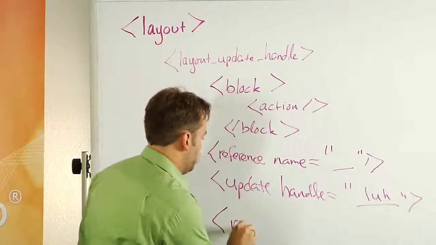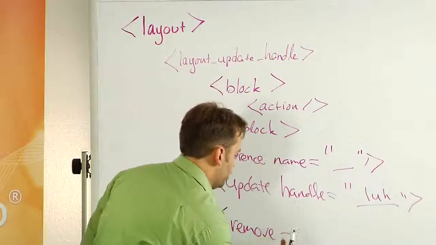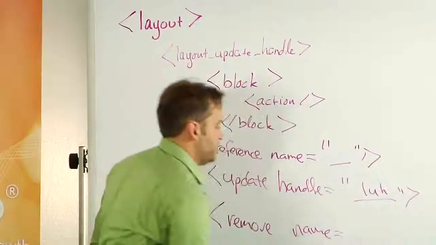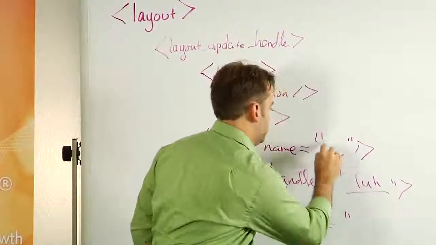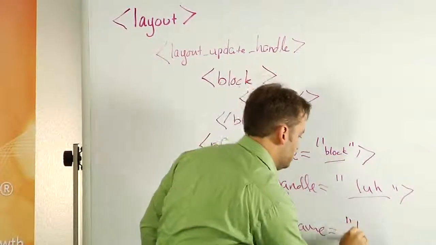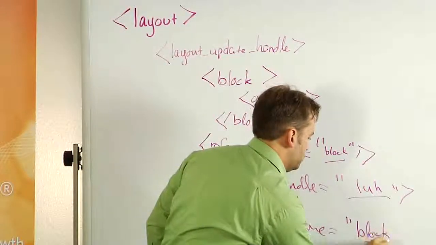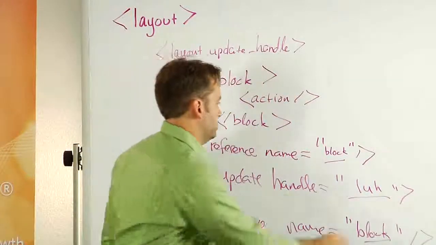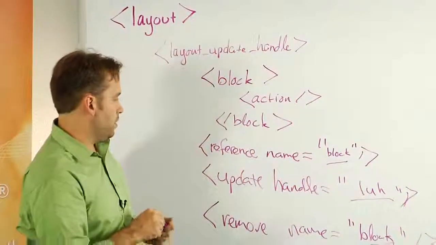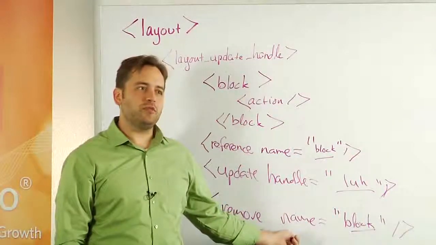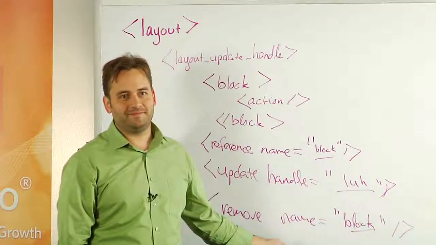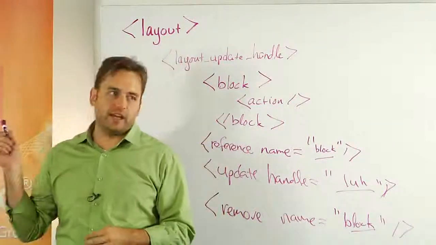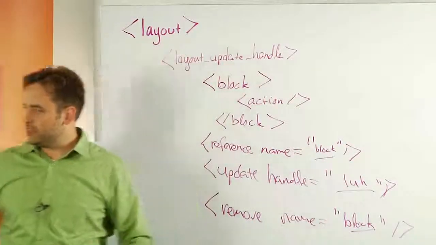And remove takes one attribute, and that is the name of some block in the system. Once a block has been removed, it is not unremoved, because the record of that is kept in the layout object, but it just sets an ignore flag.